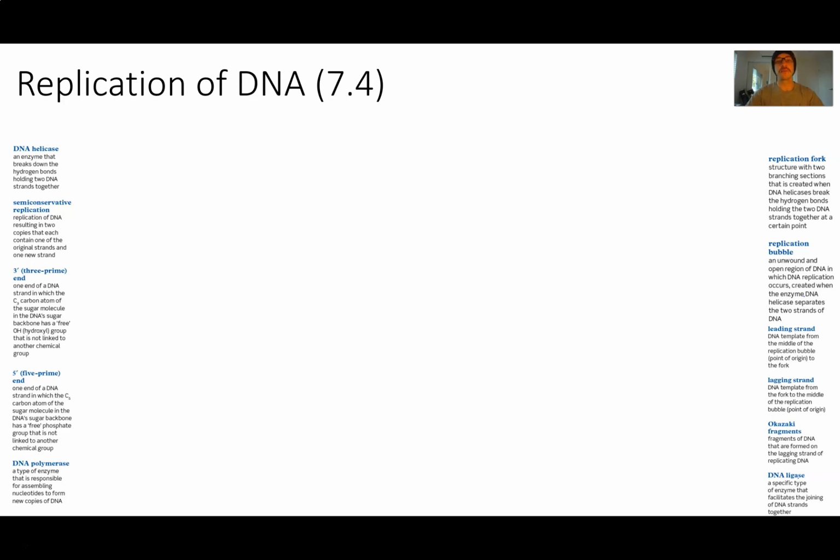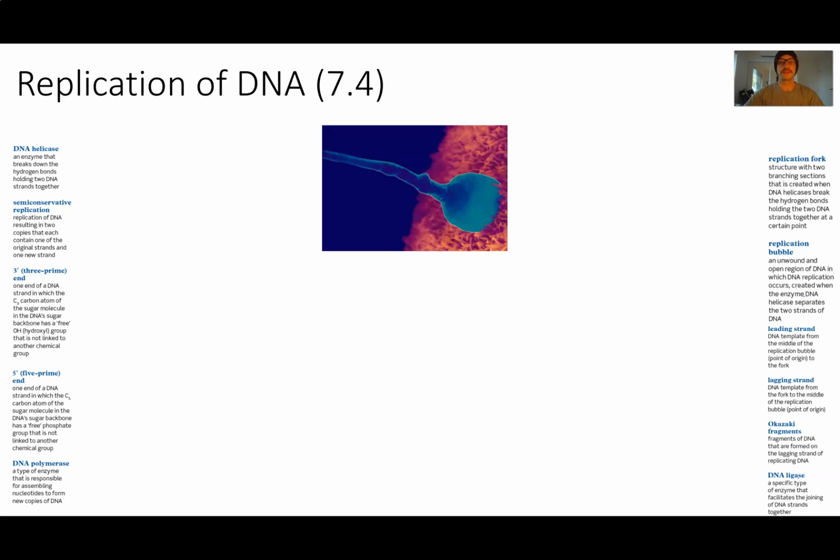So DNA replication is the process by which DNA makes a direct copy of itself. But why is this important? Well, here is an image of an egg and a sperm cell penetrating that egg in this process of fertilization.